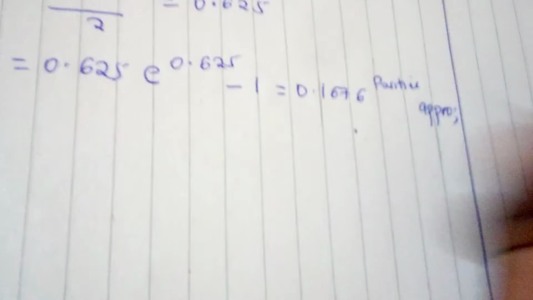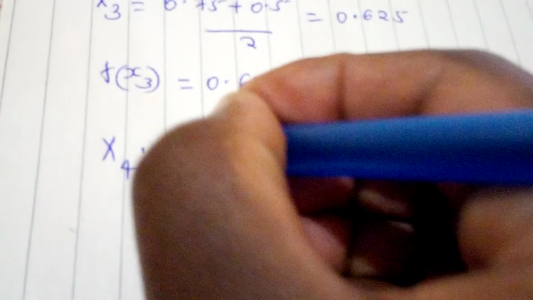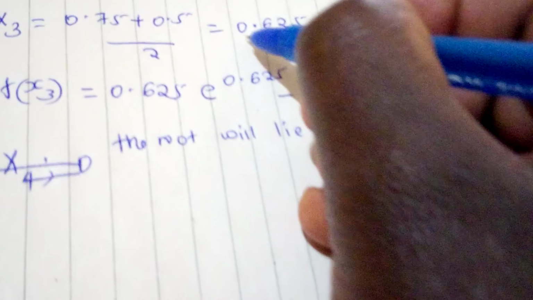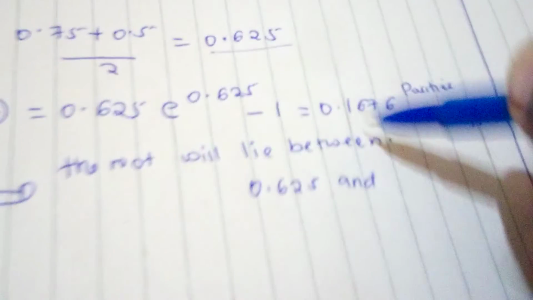Being a positive approximation, therefore our next successive approximation will be given by... or rather, the root will lie between our positive approximation, which has been given by 0.625, and our negative.